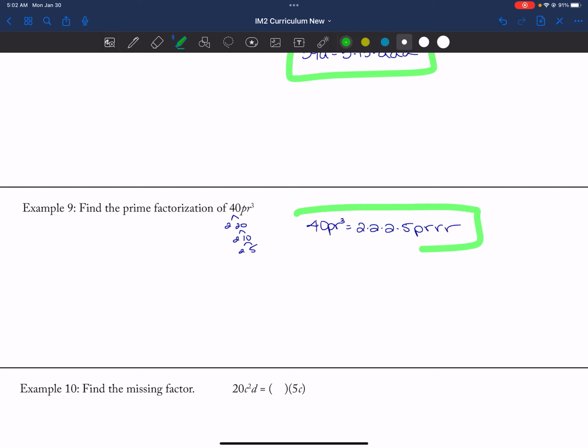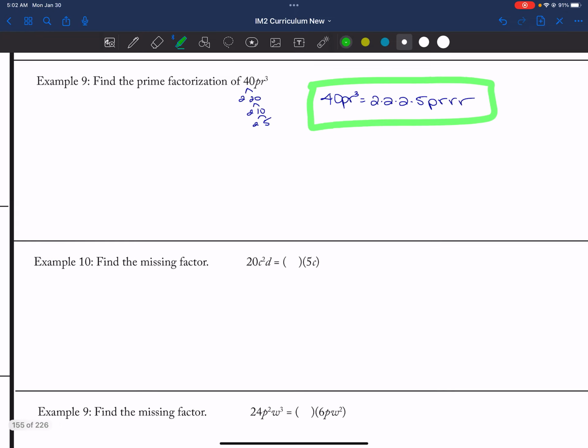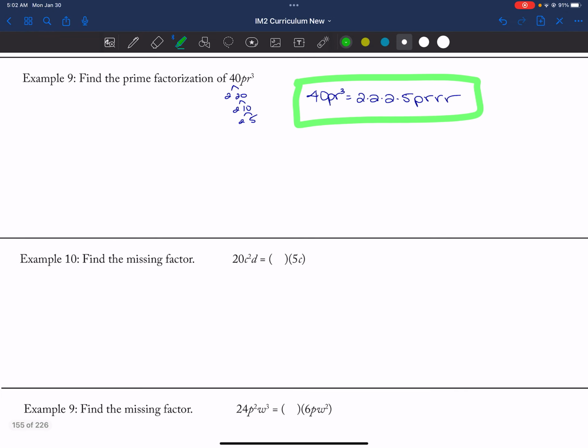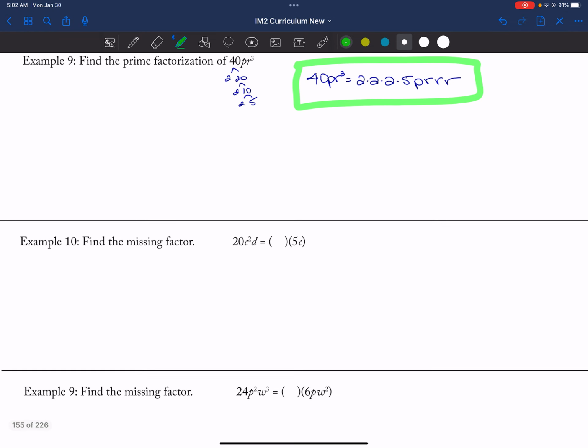Looks like "per." It's kind of funny. Okay, so the reason why I did this is because we have these missing factor questions. The easiest thing to do is, on the left-hand side, write out what my factors are. So this is 2, 10, 2, and 5. So I'm going to write this out as 2 times 2 times 5 times c times c times d. Okay, now what I'm trying to do is find out what the missing factor is.